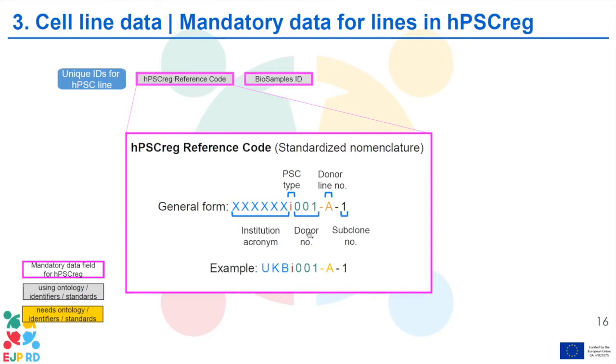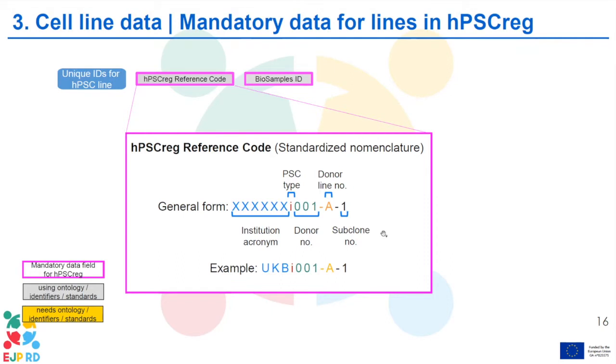There's a running number for the donor from this institution, and the individual lines from this particular donor are then further annotated by ABCD, etc. And finally, a subclone is denoted by a suffix at the end, -1 or -number.